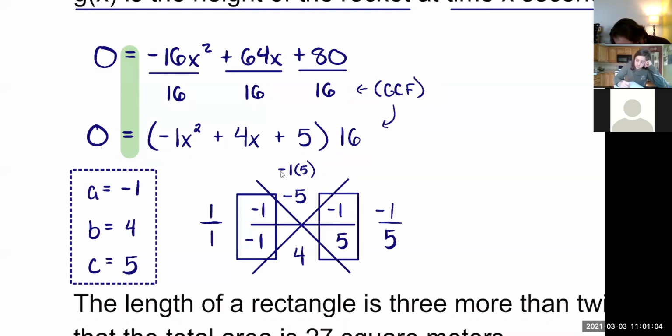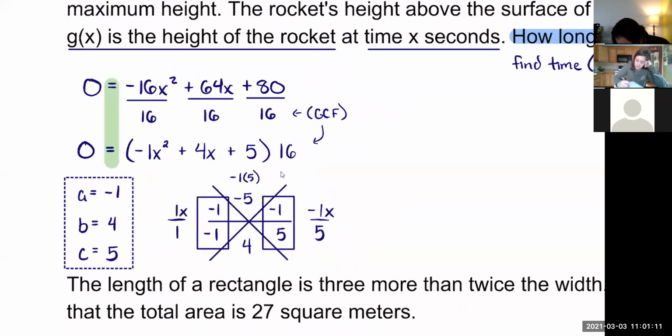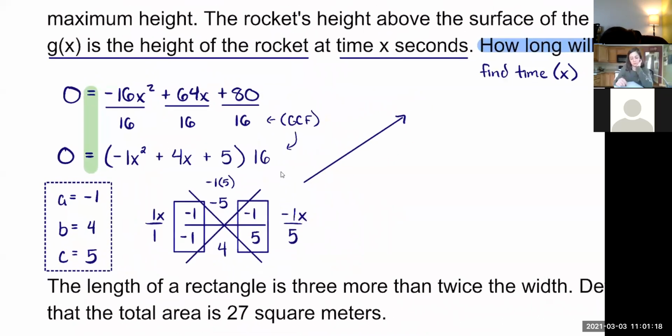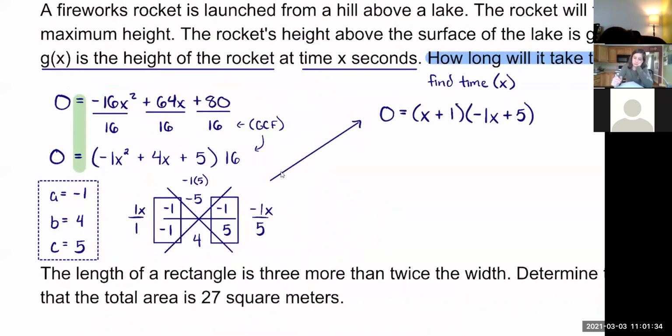But I can now bring back my variable x and move it on top to get two binomials. So I should now have 0 equals the binomial x plus 1 times the binomial -1x plus 5.